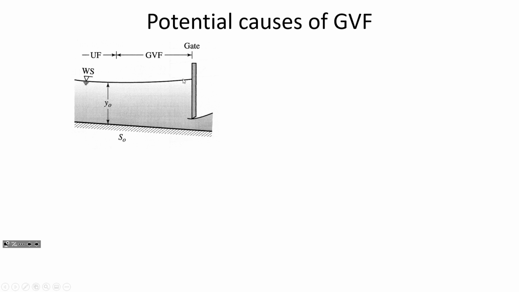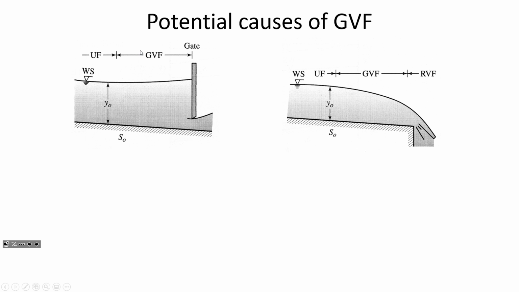So the pooling occurs just to have enough energy to force the water through that narrow opening. But in the section that connects the uniform flow and the gate, there's this gradual increase in depth. So that's gradually varying flow.